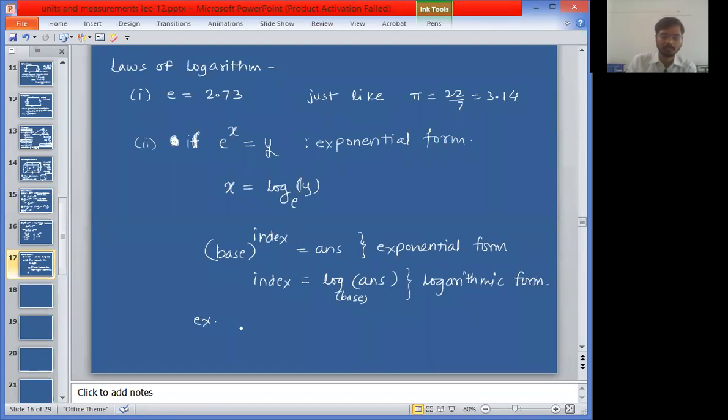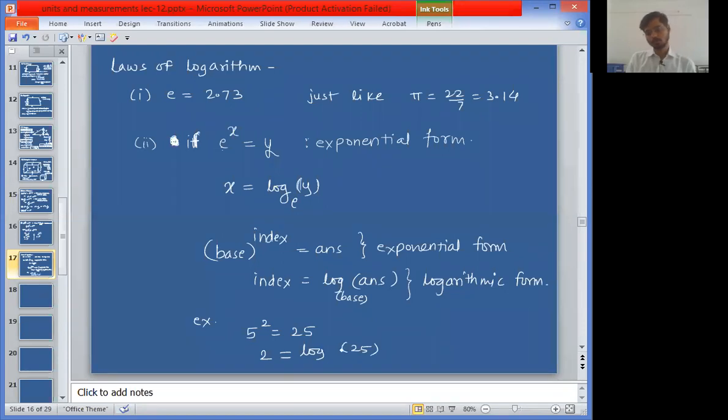Chalo, one more example, let me give it to you. 5 raised to 2 is equal to 25. Reply to me in the chat box what could be the answer, or initially let me solve first. This is index. So index is equal to log of answer, log of 25.